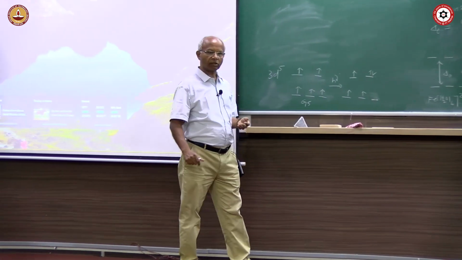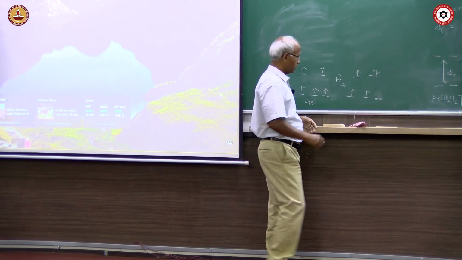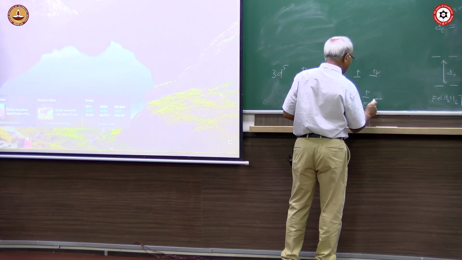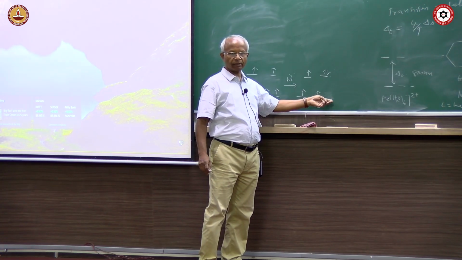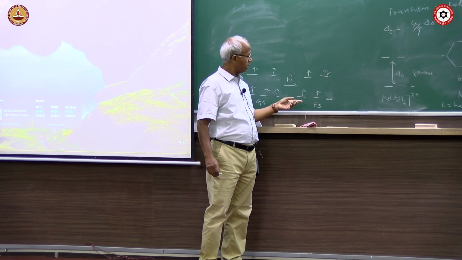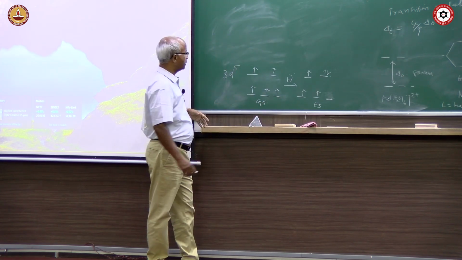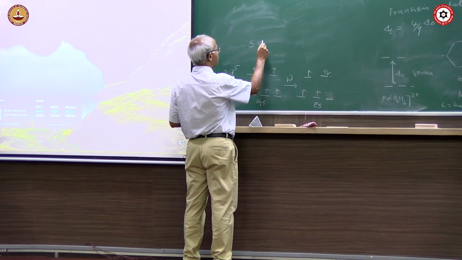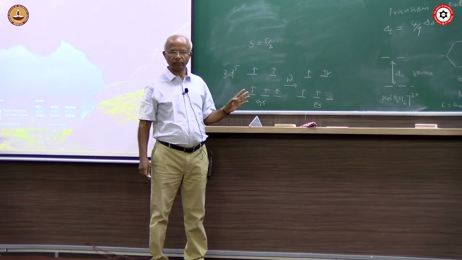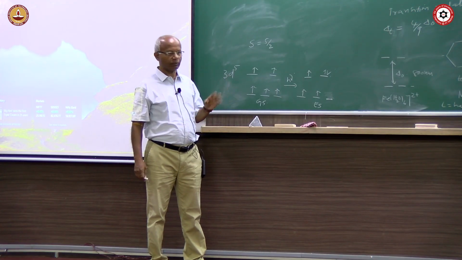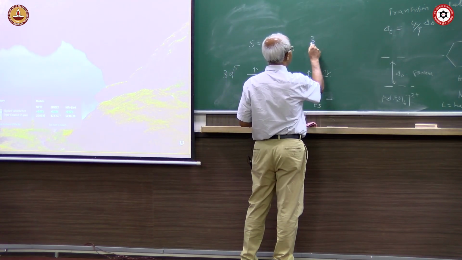Now I have excited an electron from the ground state to this excited state, right? What is the excited state? Because it has absorbed energy and the electron has gone up. I can excite this electron, but I have taken that. I can do this also, right? So now there is a change in the spin state. The number of unpaired electrons that are present here is 5 by 2, right? Each spin has half. So there are 5 of them, so 5 by 2. And here it is only 3 by 2.